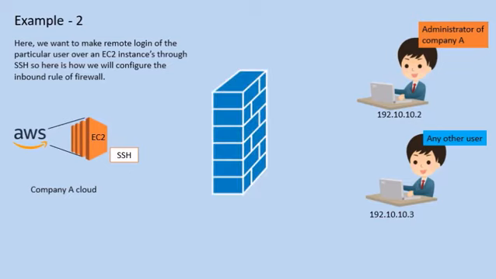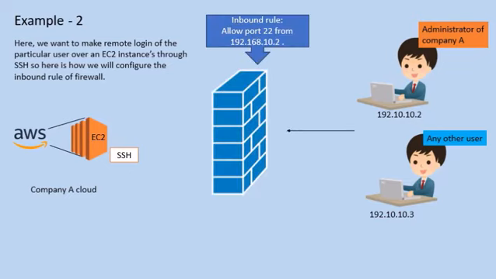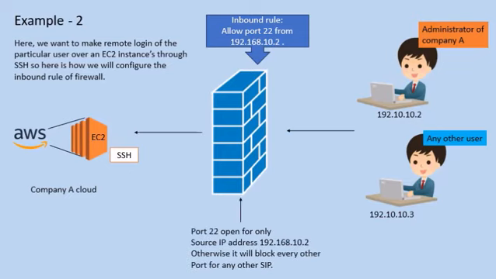So here is our firewall, and what we are doing is we are putting the inbound rule as allow port 22 from 192.168.10.2. Now port 22 is open for only source IP address 192.168.10.2. Otherwise, it will block every other port for any other source IP address. So what will happen here?